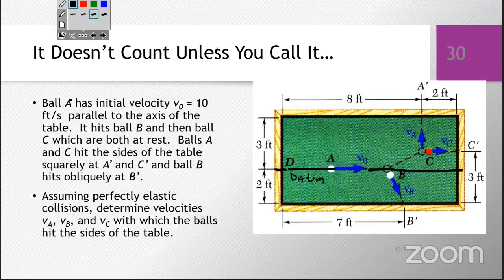I'm going to measure everything from the center line of the table. Why? I have dimensions from the center line of the table for everything. That just makes it easier for me. Is there a reason other than that? No, you can do it from wherever you want. You can measure from down here if you want.